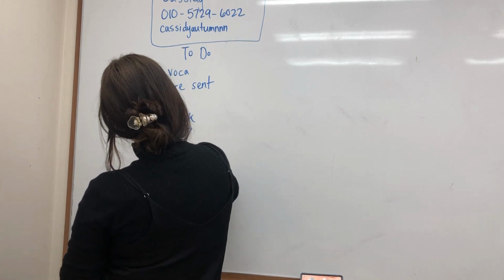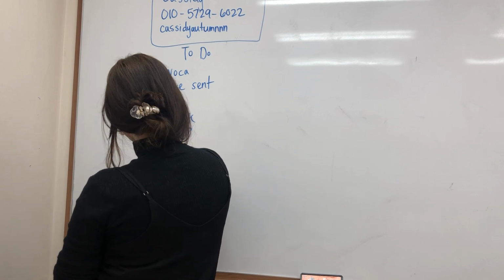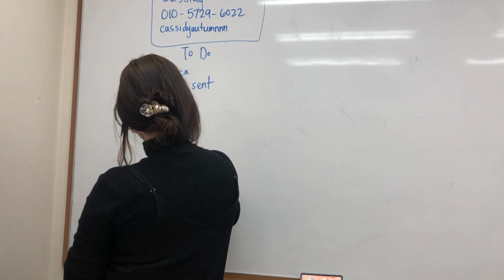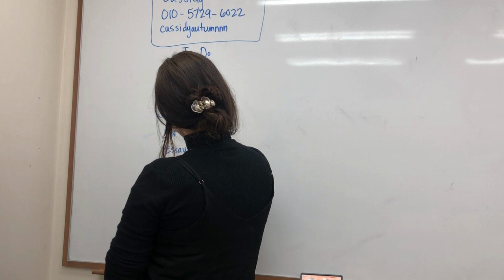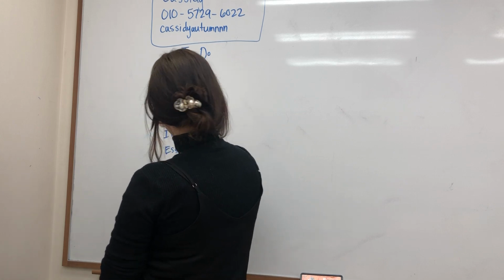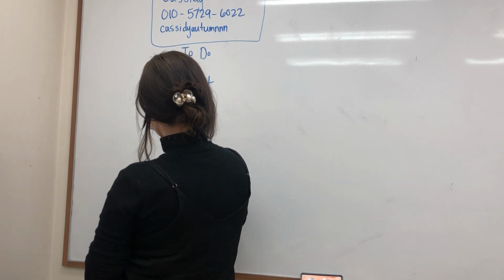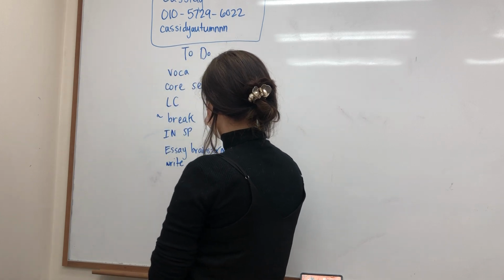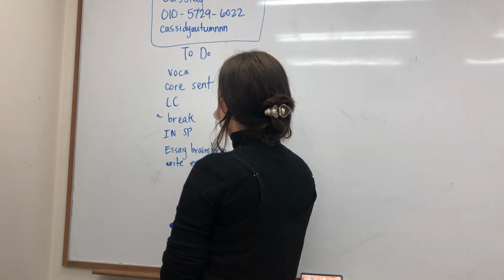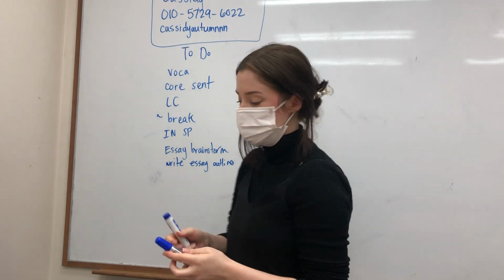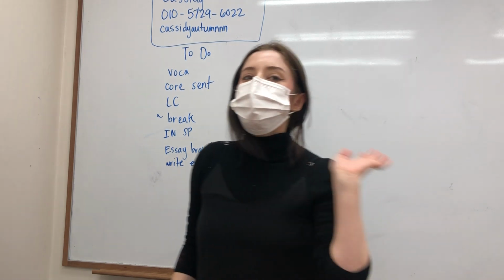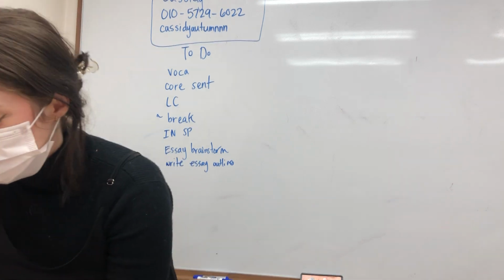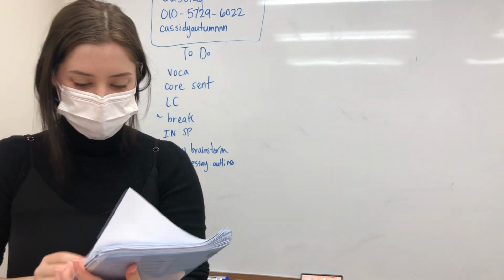Then we're going to talk about essay brainstorm, and then write essay outline. So these are all the things that we're doing today. It's going to go by so fast. Are you guys ready? Yeah.